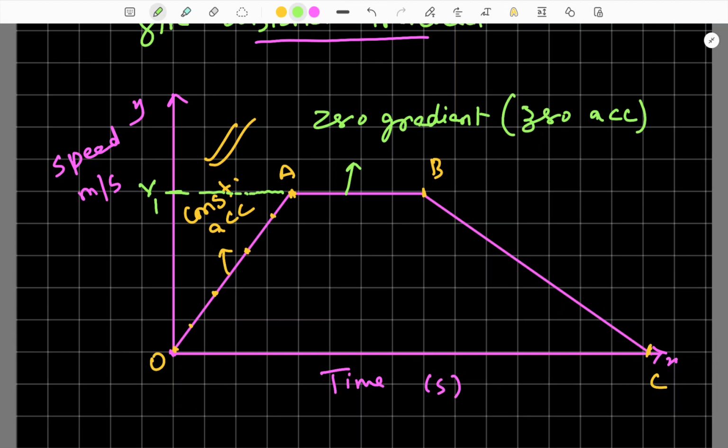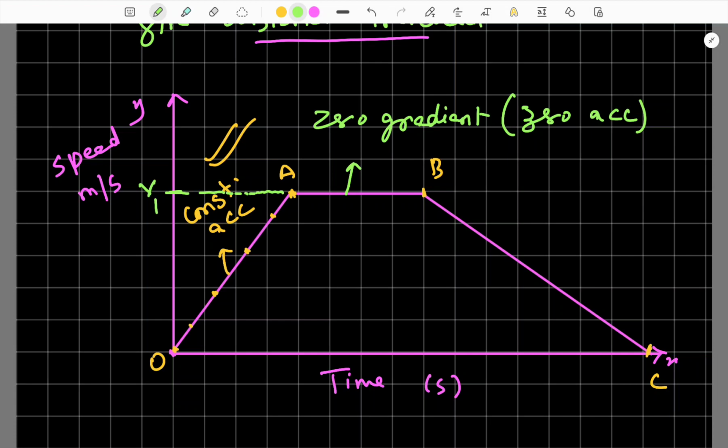But in this part of the journey, the object is not accelerating, zero acceleration, but it's still moving, beta. इसको आपने mix नहीं करना distance time graph से. Because in a distance time graph, when this kind of portion comes in, where the line is parallel to the x-axis, beta, that means distance travel नहीं हो रहा. Time is still going on, experiment is going on, but distance travel नहीं हो रहा.